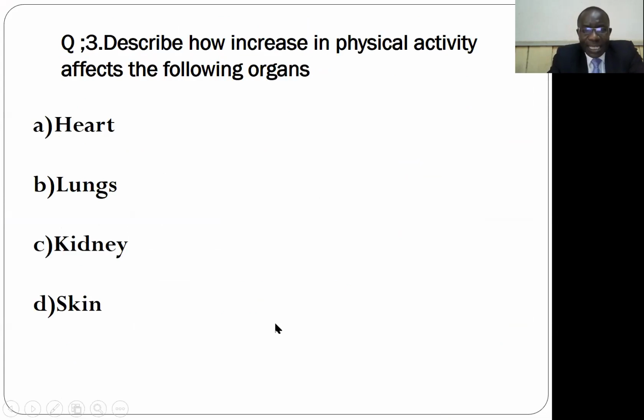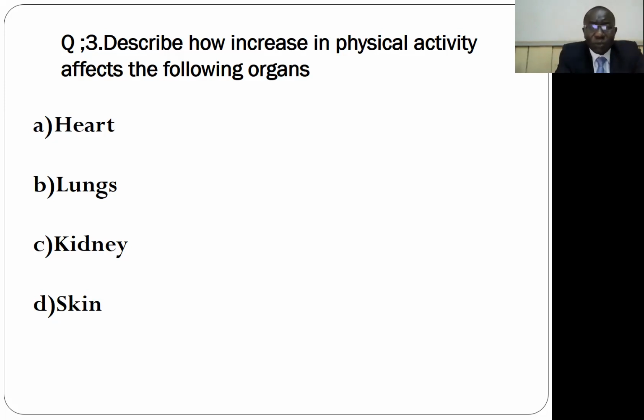The question reads, and I hope you are able to see the question from your end: Describe how increase in physical activity affects the following organs. This was 20 marks. I know you have seen the past papers, 2019. So you find that a student would be conversant with part A, we have heart, part B, we have lungs, part C, we have kidney, part D, we have the skin.